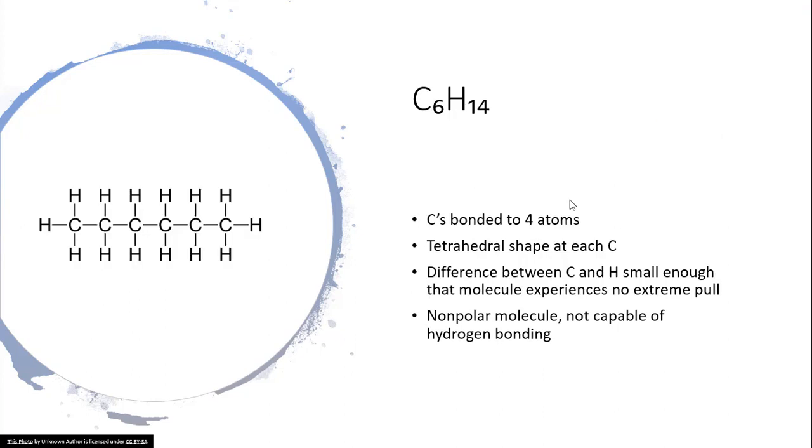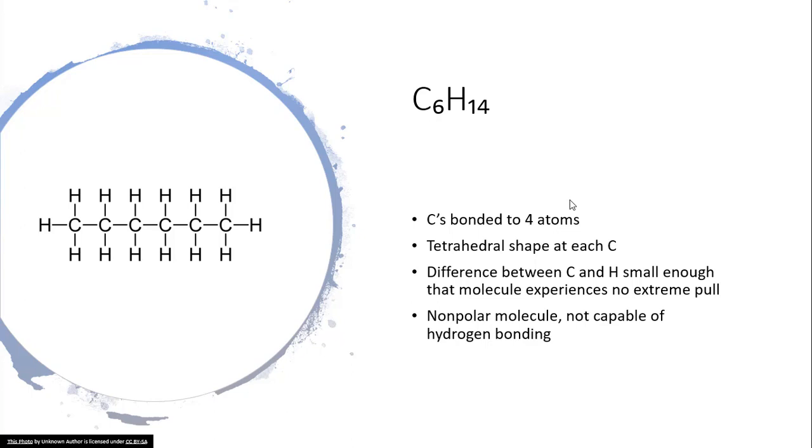C6H14, or hexane, has 6 carbon atoms and 14 hydrogen atoms. Here we can see the central carbon atoms each have 4 bonds, and they're either bonded to a hydrogen atom or a carbon atom. There's not a large electronegativity difference between carbons and hydrogens, so this molecule doesn't experience large dipole moments.